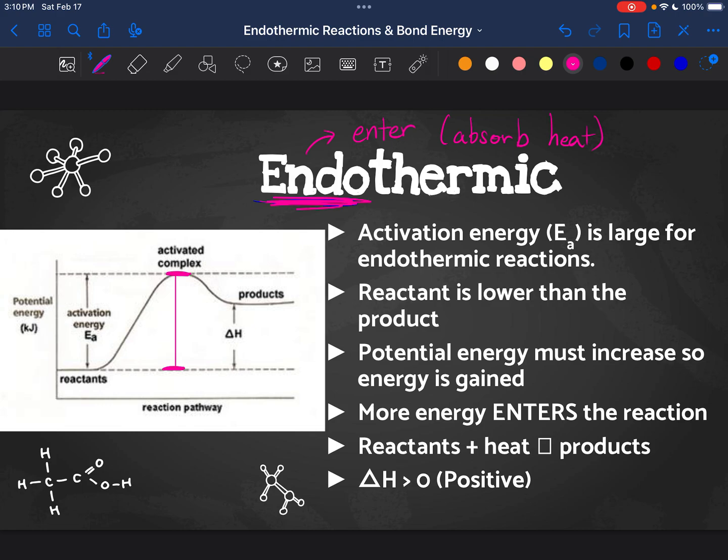As you can see, the product is much higher than the reactant. What does that mean? Well, that means that the delta H, or the heat of reaction, will become positive if you calculate it. Make sure you have that down.